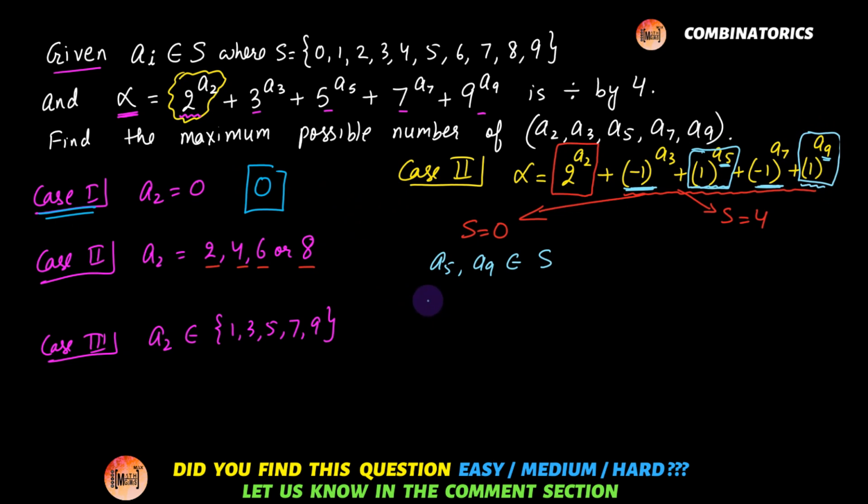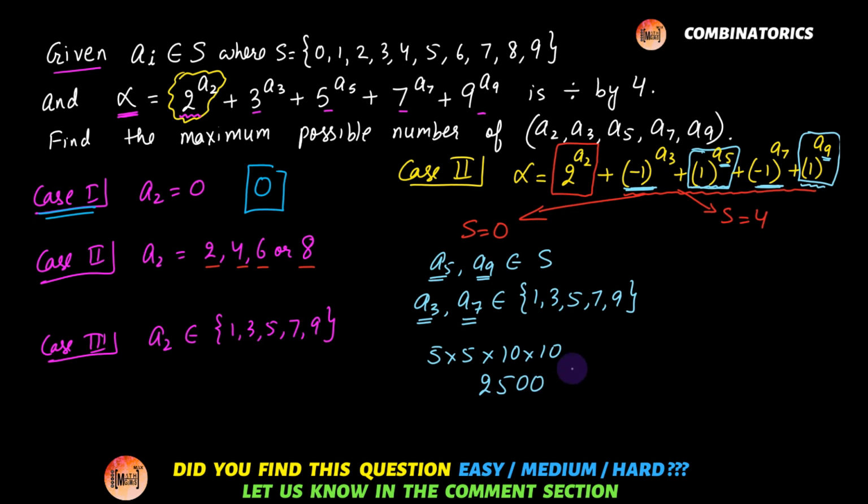But as far as A3 and A7 are concerned, they have to be odd, that is 1, 3, 5, 7 or 9. So we observe that there are 5 ways in which A3 can be selected, 5 ways of selection of A7, 10 ways of selection of A5 and 10 ways of selection of A9. So writing this, we get 5 into 5 into 10 into 10. So this will be equal to 2500.